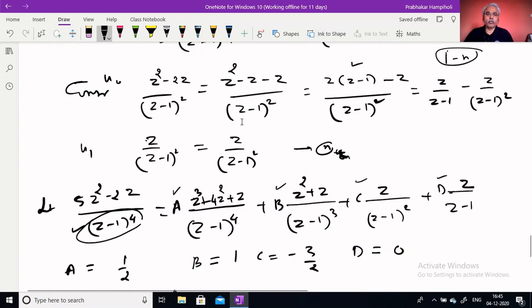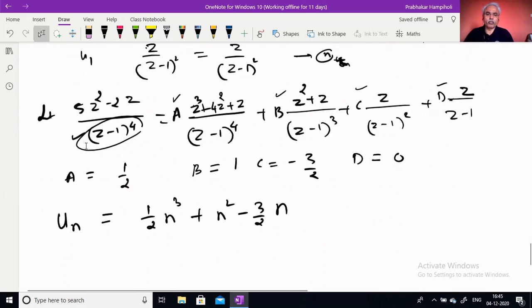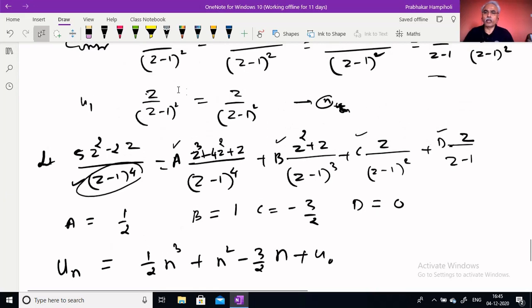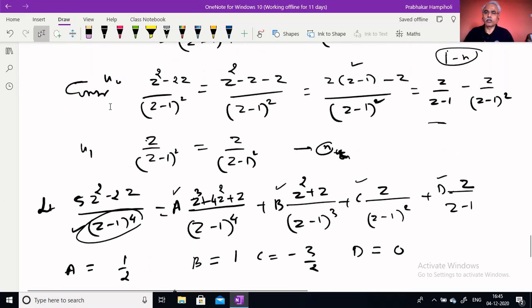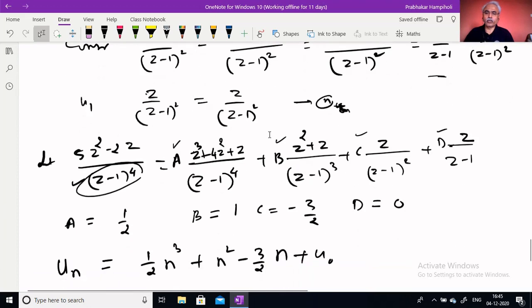And the remaining part: the u naught term should be written as plus u naught into, z by z minus 1 becomes 1, and the next one is n.